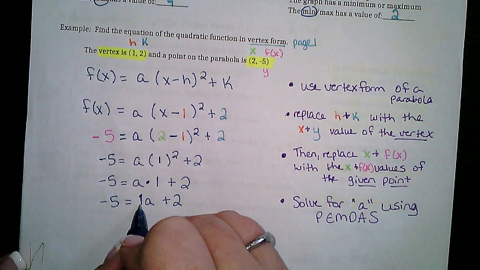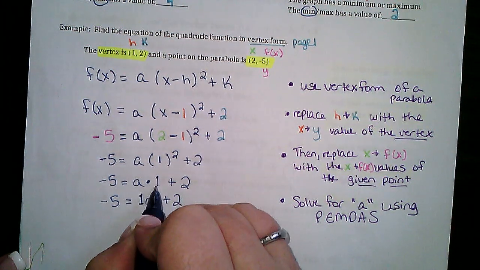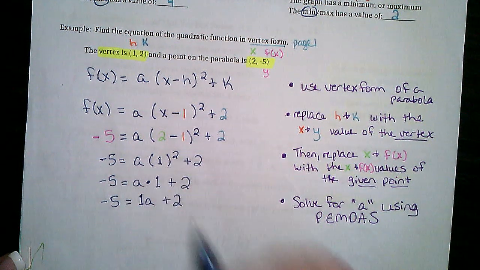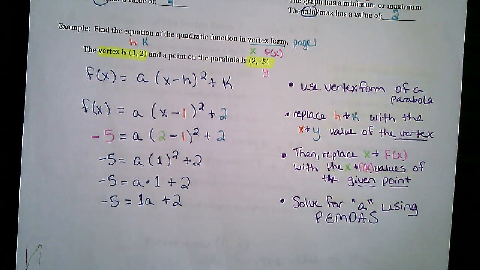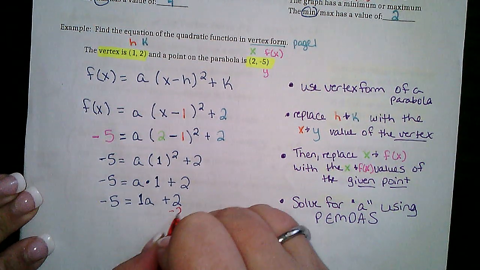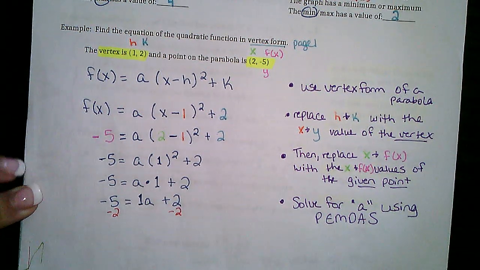Okay, now I'm going to switch this around and try to get A by itself. So how would we get A by itself? Well, to solve, we would subtract 2 from both sides.